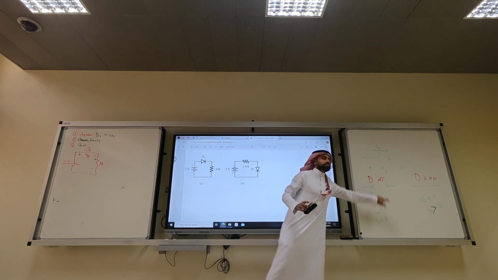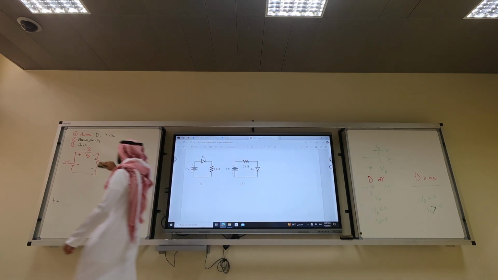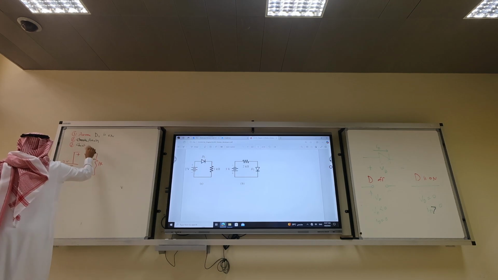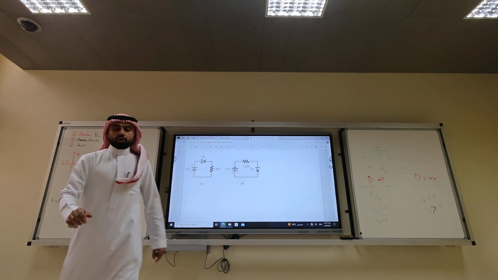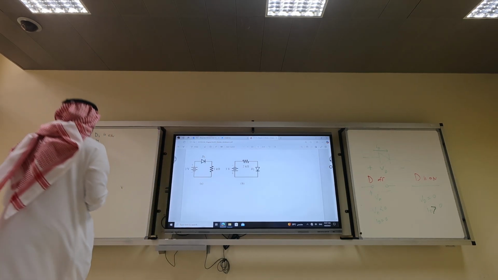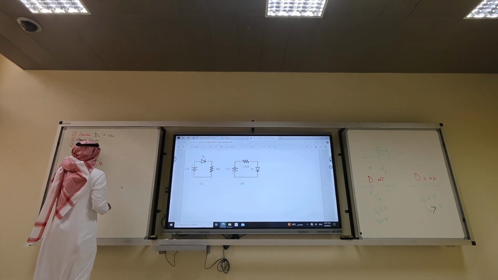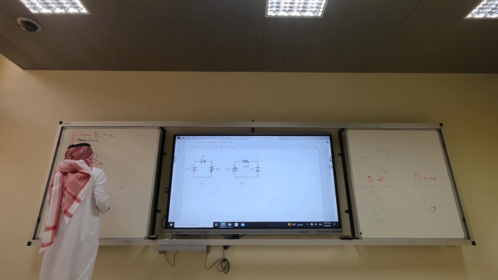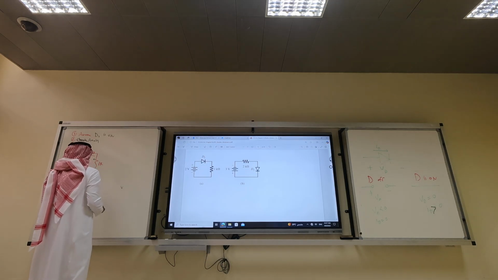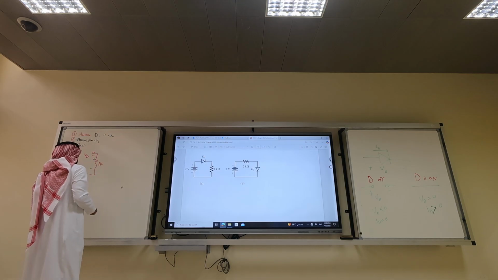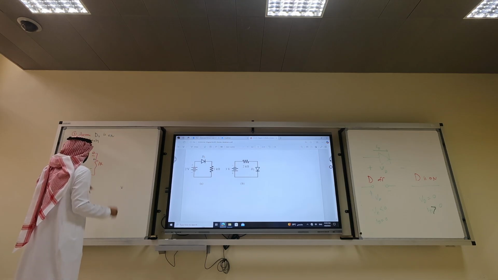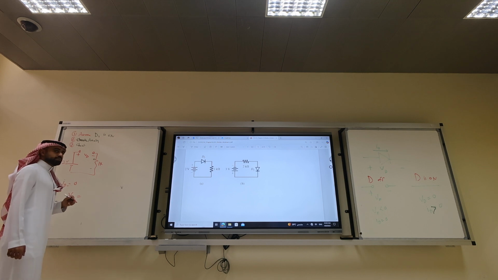Open circuit. If we replace it with open circuit, what will happen? What is ID? 0. What is VD? 2 volts. No? Yeah, you're right.